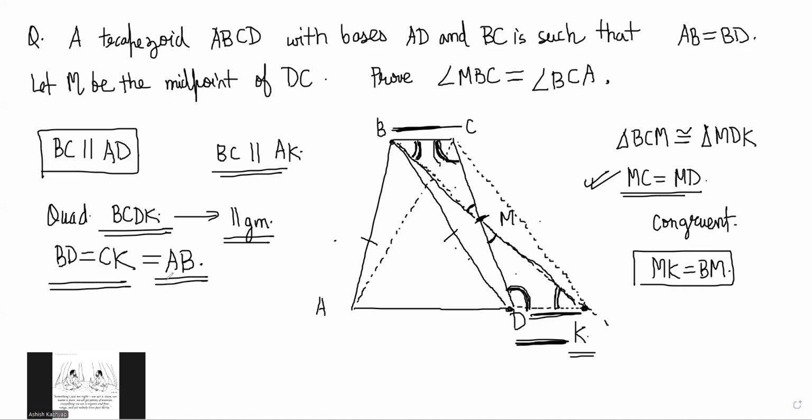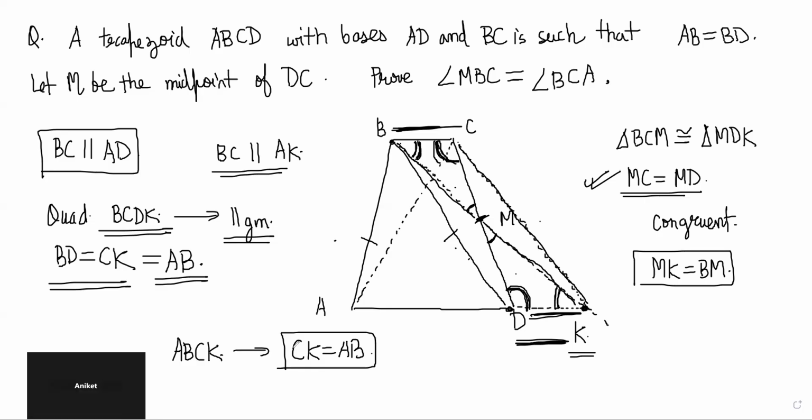So now ABCK is a trapezium where CK is equal to AB. ABDC was not such a trapezium, but ABCK is such a trapezium where the other non-parallel sides are equal. It is known as an isosceles trapezium.